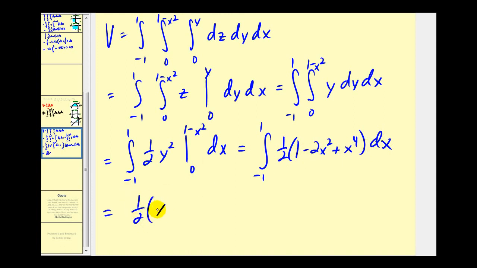We'll have x minus 2 times x to the 3rd over 3 plus x to the 5th over 5. So we'll have 1/2 times x minus 2/3 x cubed plus 1/5 x to the 5th. Let's go ahead and finish this on the next slide.